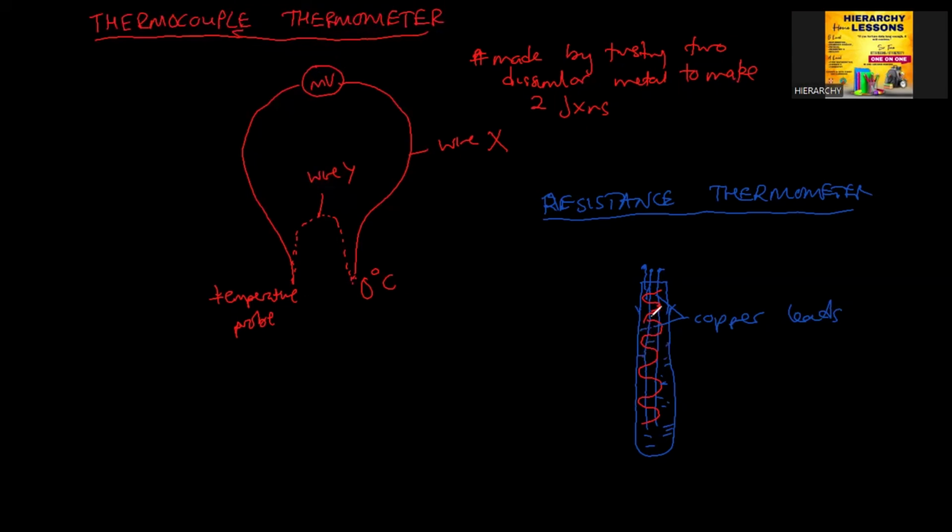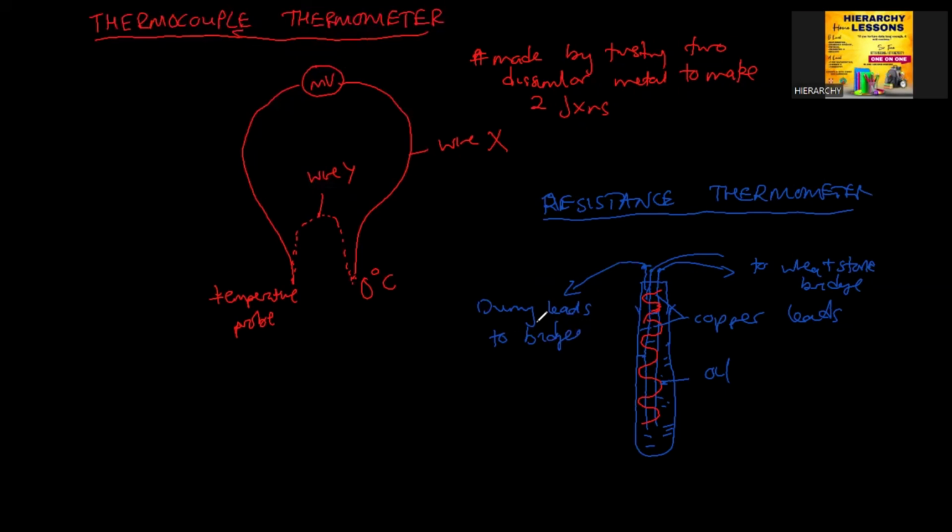These wires are connected to what we call a Wheatstone bridge. And then this one is connected to the dummy leads to the bridge.